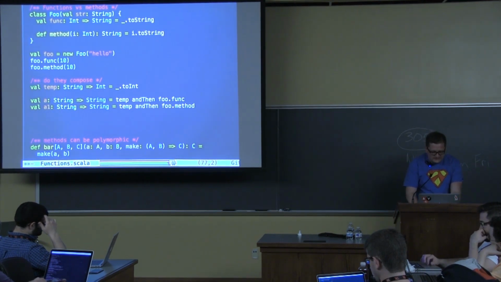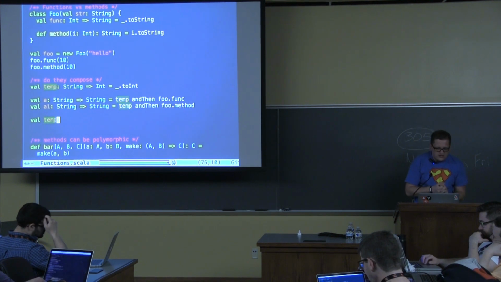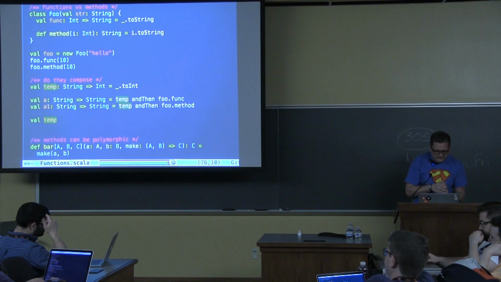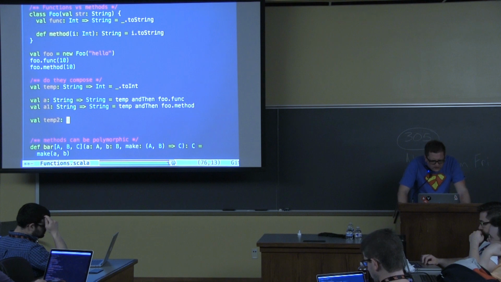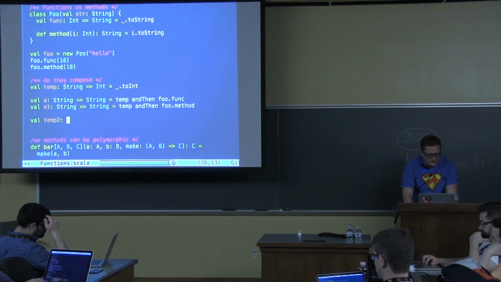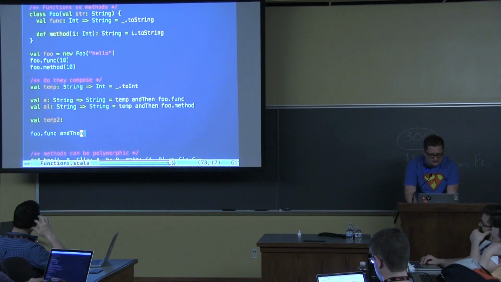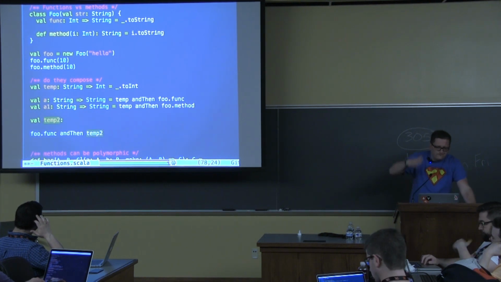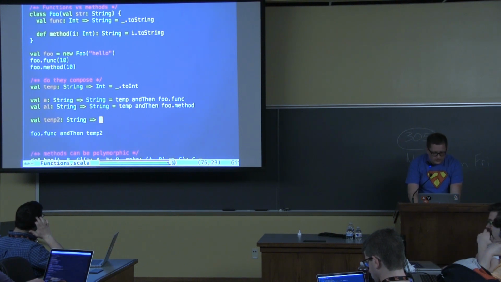But to see the problem, let's do something else. Let's have something the other way around, so temp2. What we want to do is call foo.func and then our function temp2. So foo.func will go from integer to string, so our temp function has to go from string to whatever.